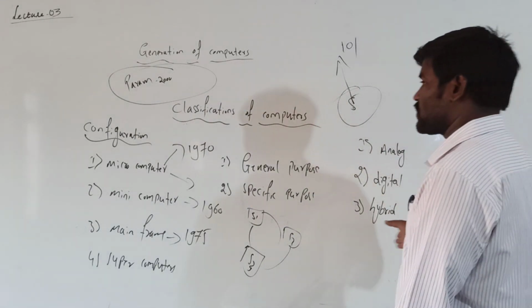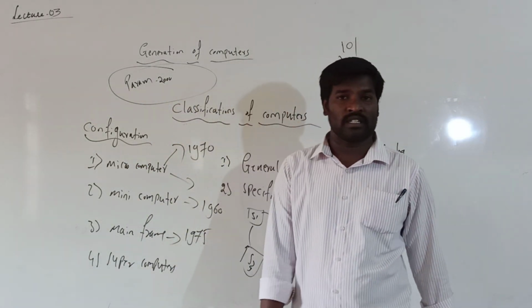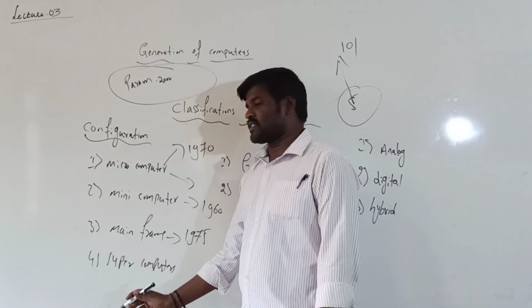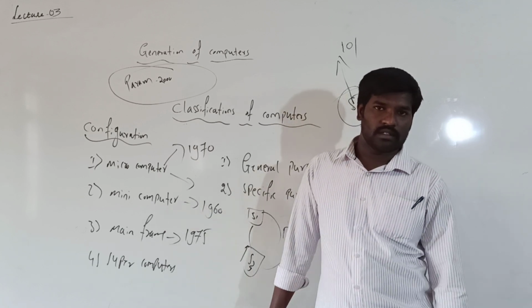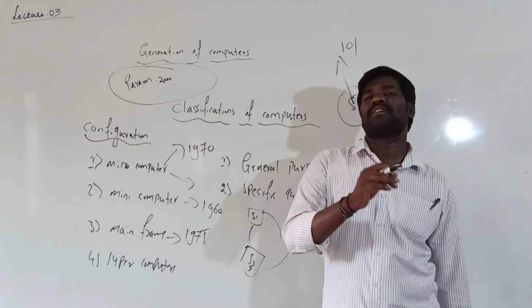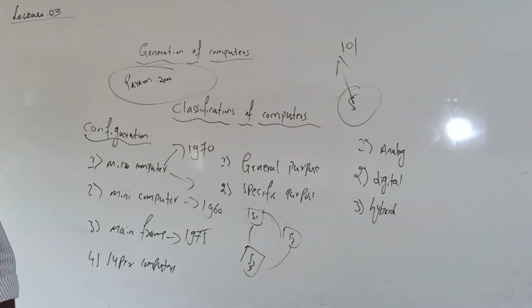Based on the configuration of the system, there are four types: microcomputer, minicomputer, mainframe computer and supercomputer. Supercomputers are mainly used in weather forecasting, and also in military and defense. There are many examples of supercomputers.